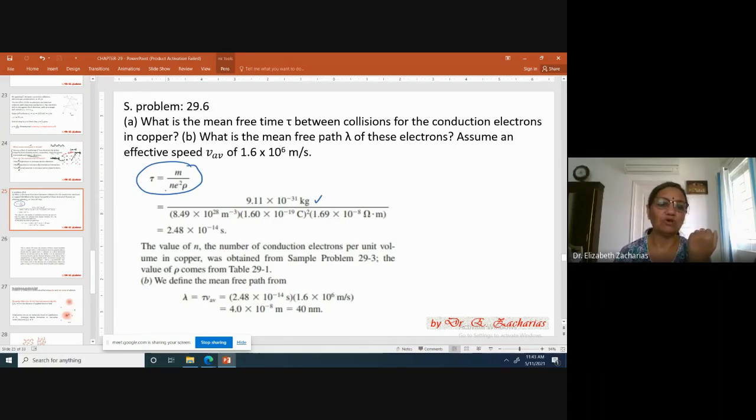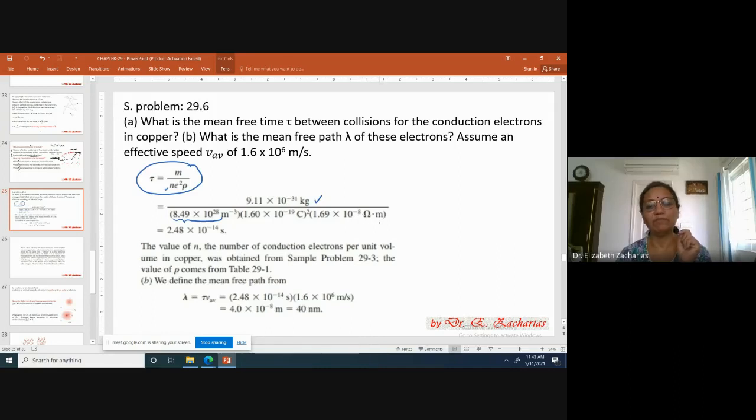But n depends on the metal. We found n in the previous problem. It was 8.49 into 10 to the power of 28 electrons per meter cube. Then charge of electron is 1.6 into 10 to the power of minus 19, so square it because we have e square. And finally, the resistivity is 1.69 into 10 to the power of minus 8 ohm meter.